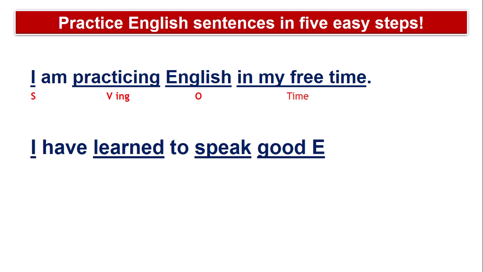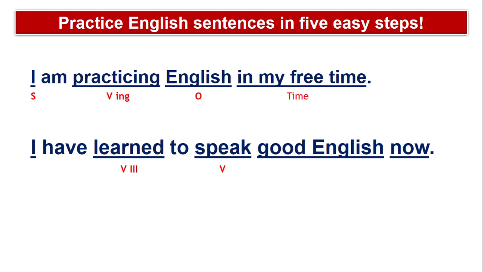Second sentence: I have learned to speak good English now. Learned is verb 3. If I talk about the tense, the first step, this sentence represents present perfect tense, and the present perfect formula is subject plus have/has plus verb 3 plus object, and there are 2 verbs in this sentence. So we have identified verb 3 followed by the simple form of the verb, and we use it according to the rule of 2.